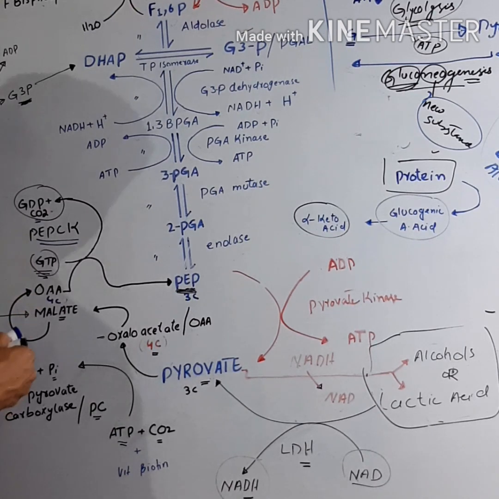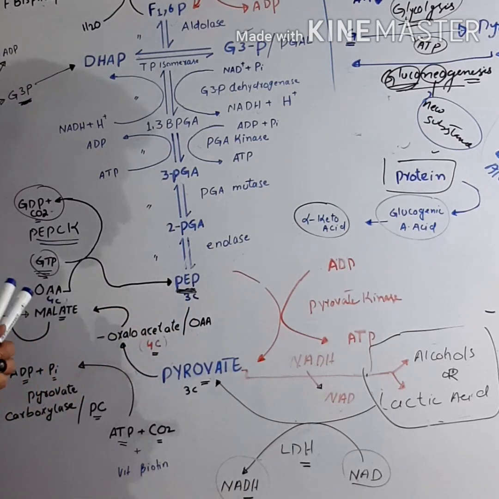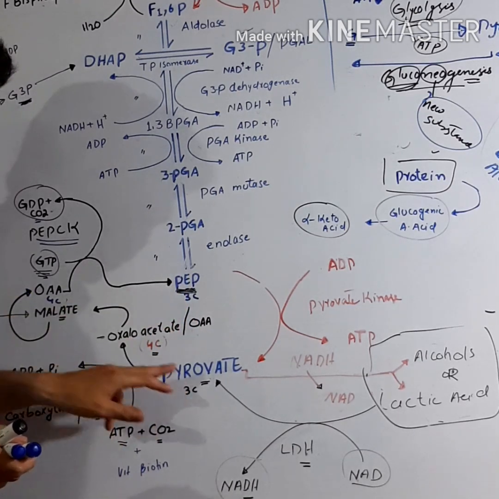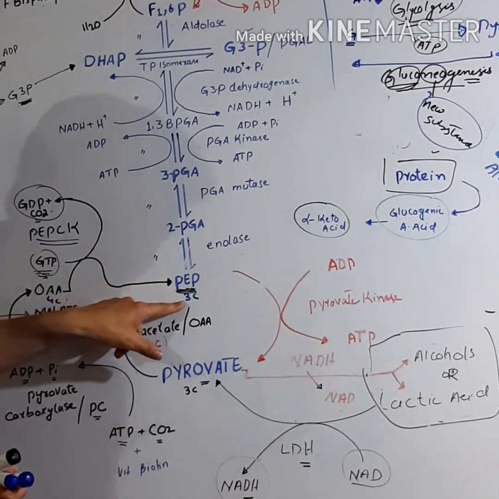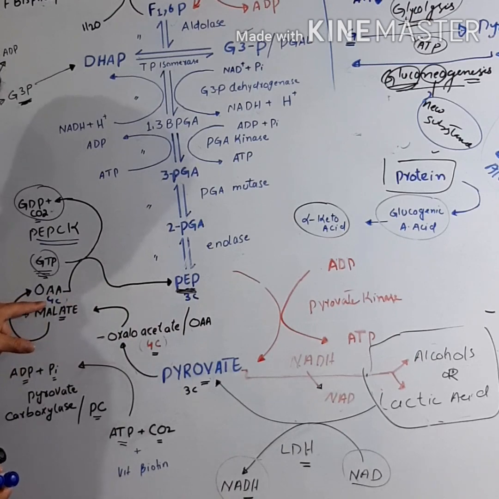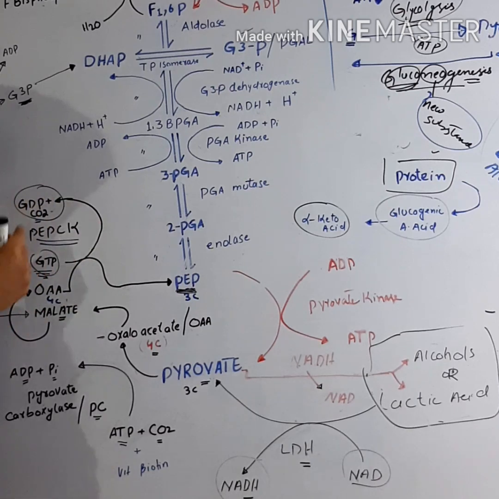Now the oxaloacetic acid is converted into PEP, phosphoenolpyruvate. Phosphoenolpyruvate contains 3 carbons while oxaloacetate contains 4 carbons. 1 carbon is removed in the form of carbon dioxide.